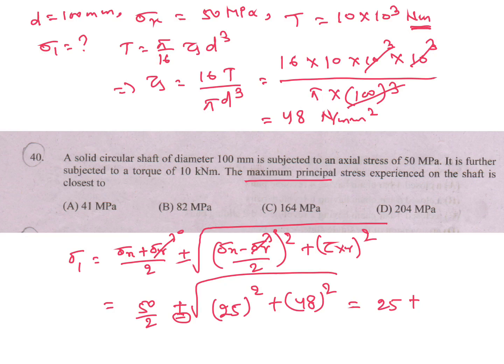25 square is 625 plus 50 square is 2500, root over. So 25 plus root of 3125. 3125 will come around 55. 60 square is 3600, 50 square is 2500, so it will come around 55.